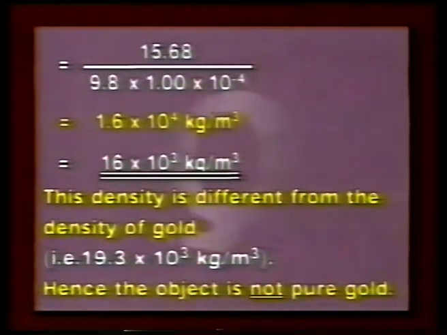And that should give us 1.6 × 10^4, or 16 × 10^3 kilogram per meter cubed. Since this density is different from the density of gold, which was 19.3 × 10^3 kilogram per meter cubed, we say that the object is not pure gold. That's what we were expecting. Now let's look at the solution from St. Peter's Secondary.